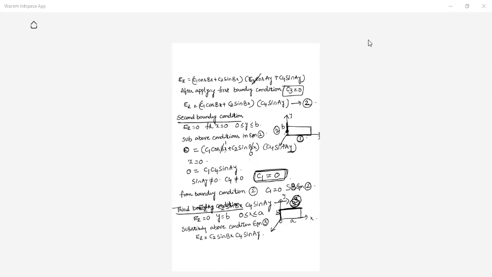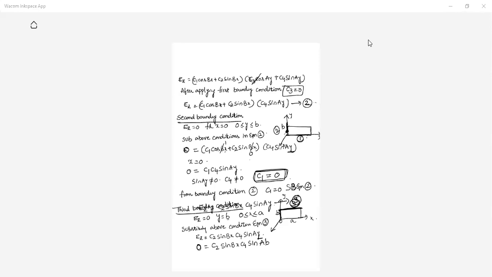So Ez is equal to 0, C2 sin Bx and C4 sin, what is y? Y is equal to what you need to substitute now? Small b. So sin A, small b.